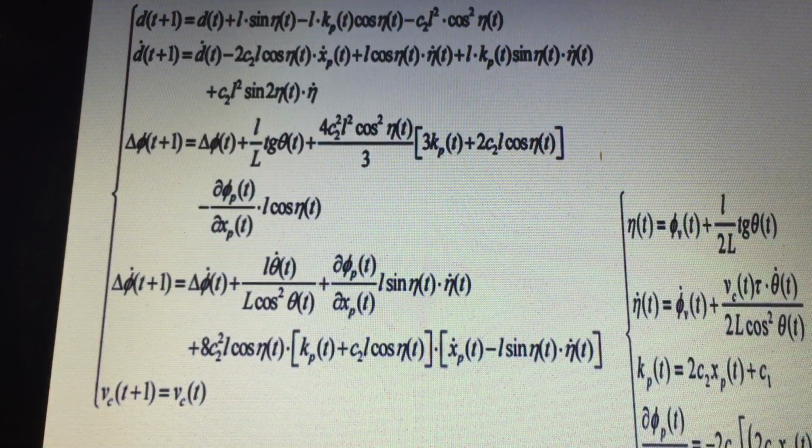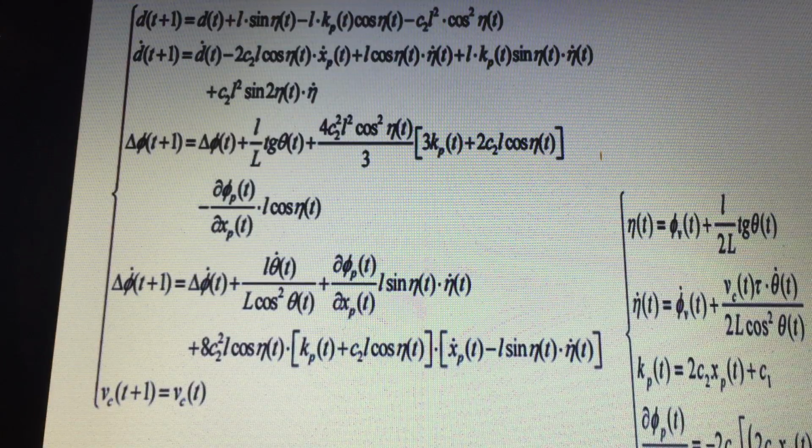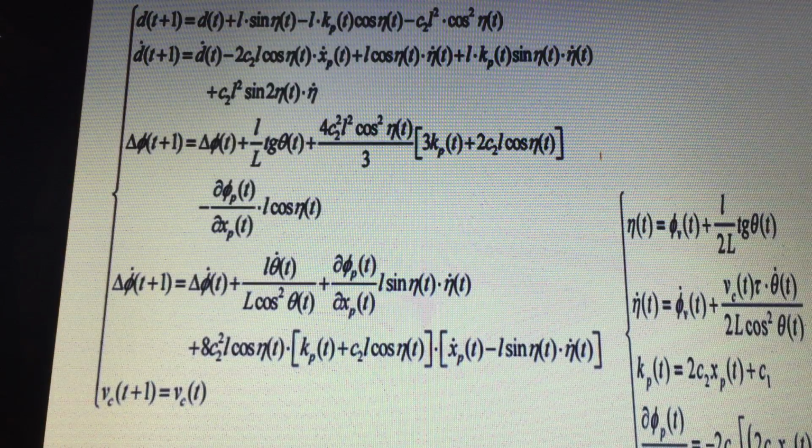Then we have these formulas for the state vectors at moment t plus 1, but I won't go through all of this.